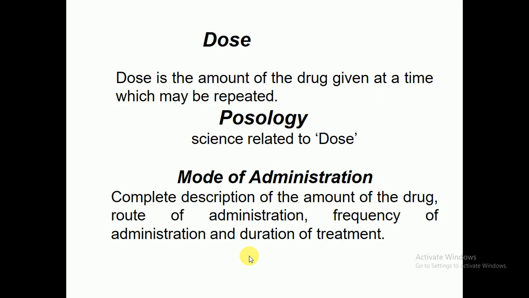I mean you are going to administer a drug BD, twice a day, TDS, 3 times a day, once a day, or 4 times a day. So it depends upon the dosage form and the drug. The fourth is the duration of treatment. So the mode of administration has been divided into 4 steps.